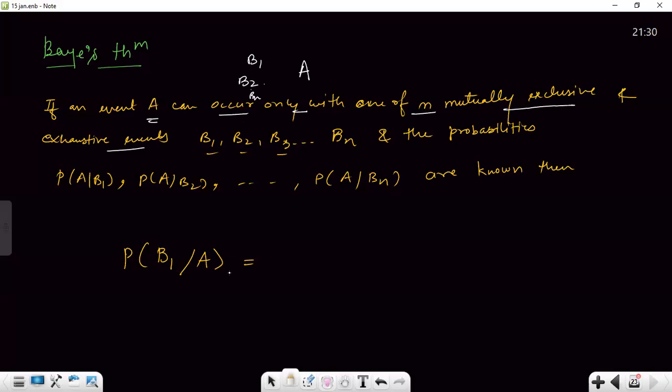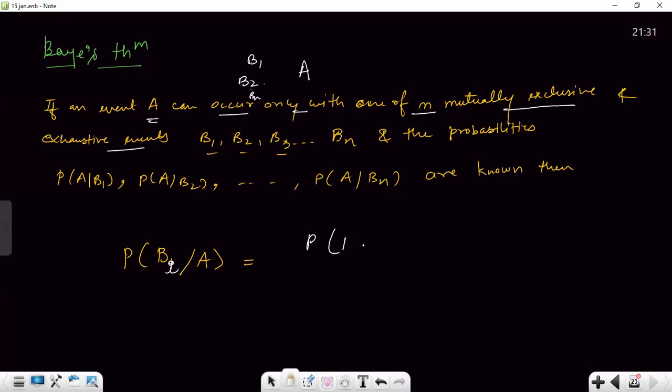Now, if we have to find the probability of event B1 occurring when A has happened, we will give it by this formula. The formula is probability of, sorry, there is i here.